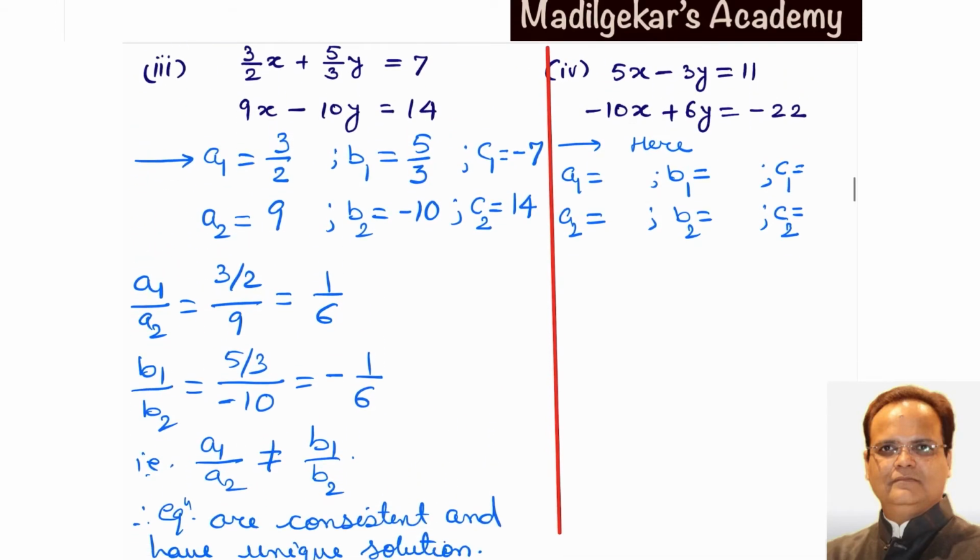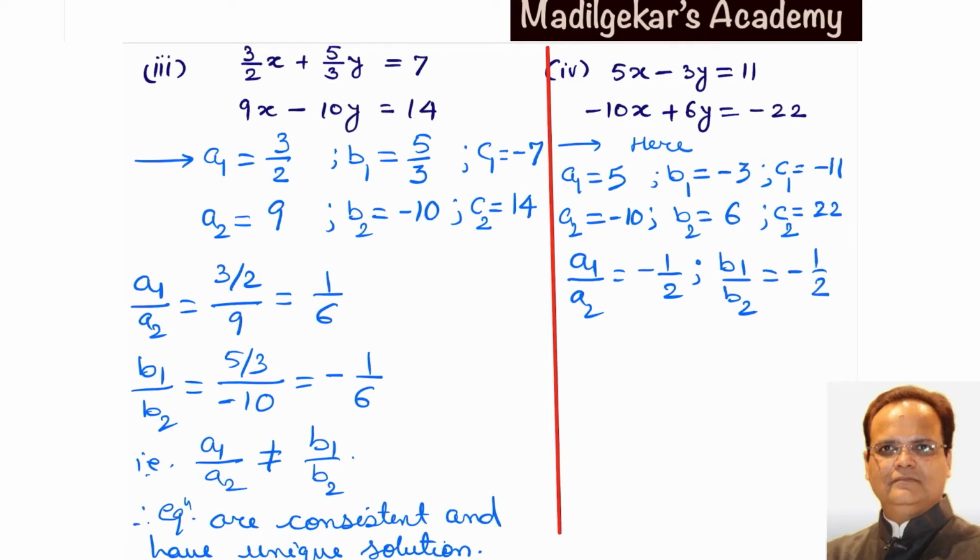Fourth bit, here A1 is 5, B1 is minus 3 and C1 is minus 11. A2 is minus 10, B2 is 6 and C2 is 22. A1 upon A2 is minus 5 by 10 means it gives minus 1 by 2. B1 upon B2 is also minus 1 by 2, and C1 upon C2 is also minus 1 by 2.